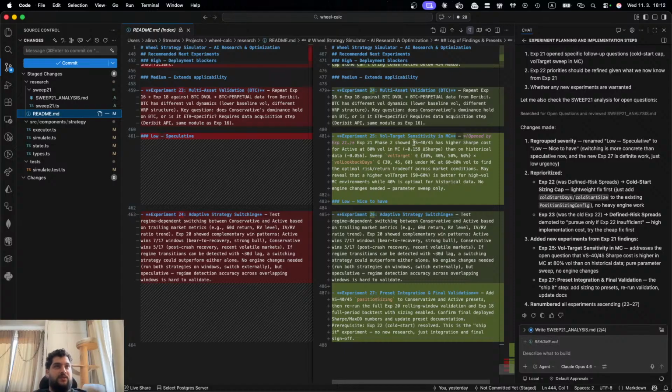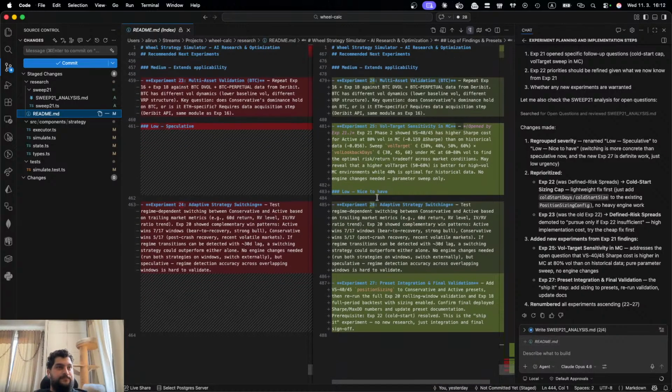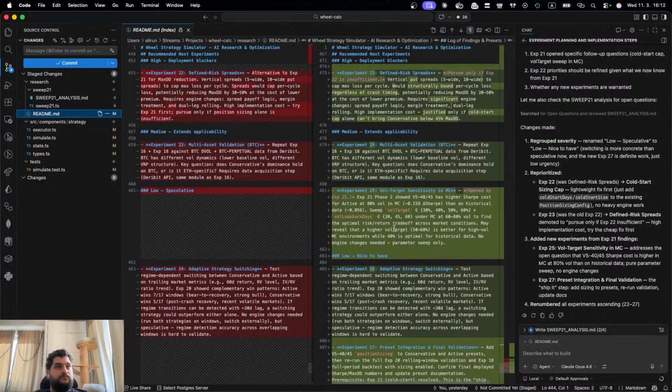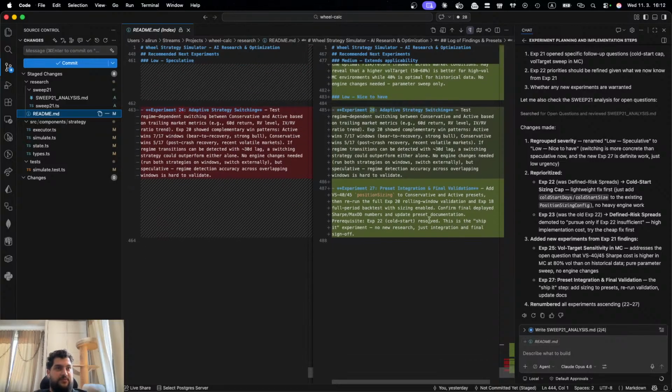No, this is a new one. Monte Carlo, opened by 21. And there are lows. This one, adaptive strategy, was here before, and the new one is preset integration and final validation. All right.